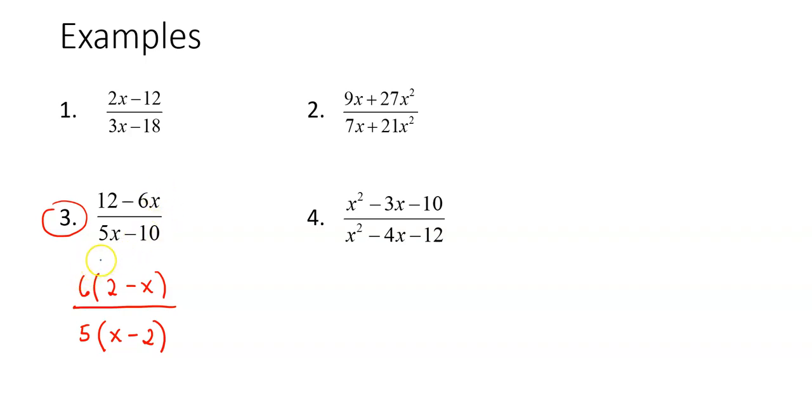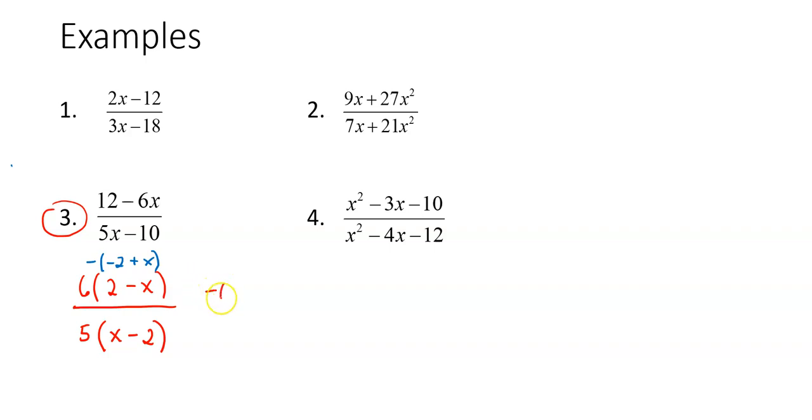What if I pulled out a negative from that 2 minus x? I'd get a negative times x minus 2, and now look, it matches down the bottom. So another way to look at this is instead of pulling out a 6, what if I had pulled out a negative 6?